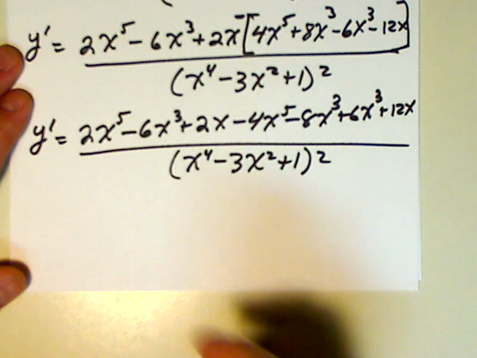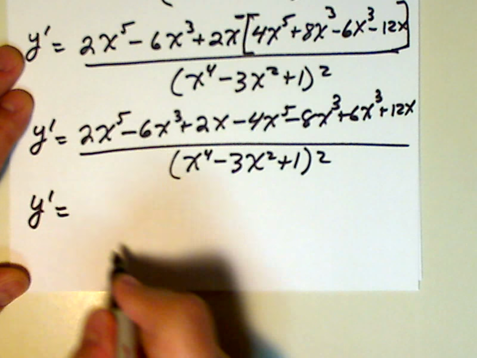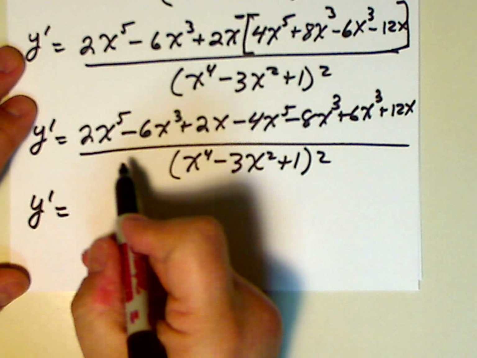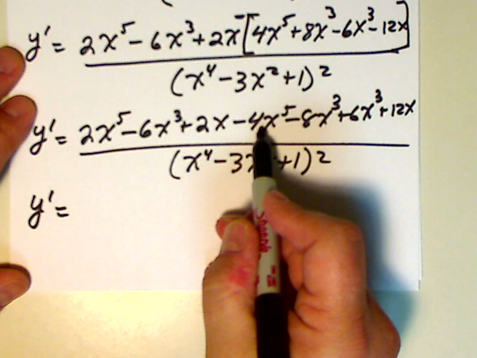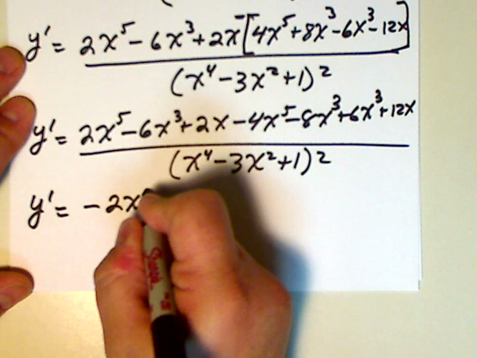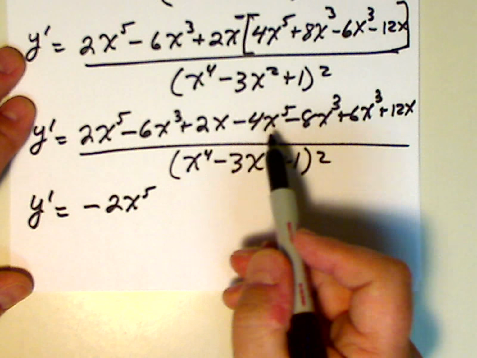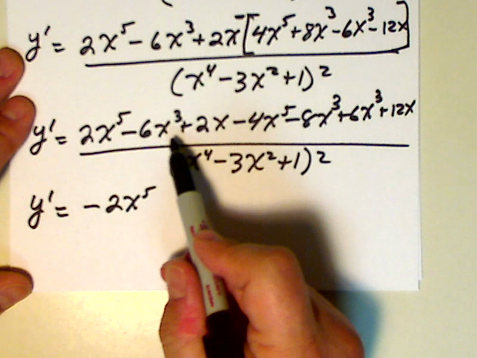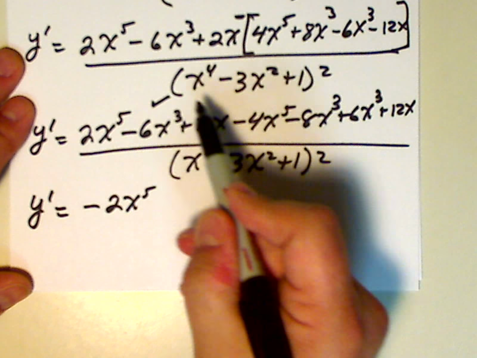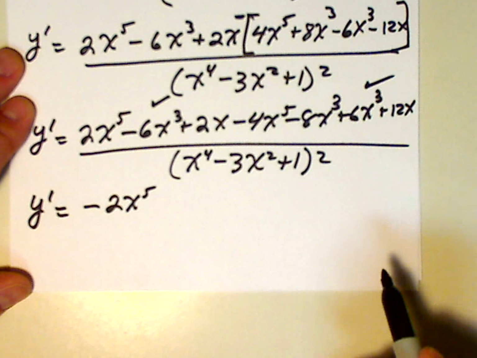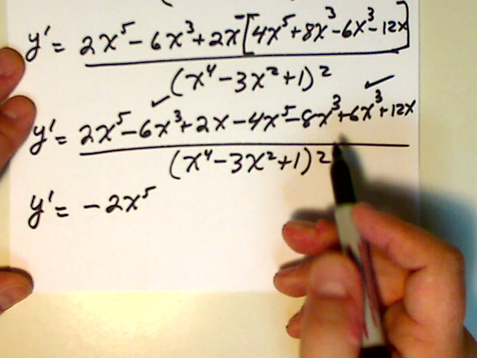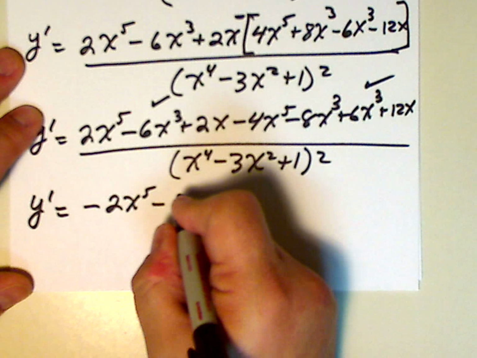Okay, let's do our combining of like terms here. We have 2x to the fifth minus 4x to the fifth is minus 2x to the fifth. No fourth degree. So the minus 6x cubed and the plus 6x cubed go out and we're left with minus 8x cubed.